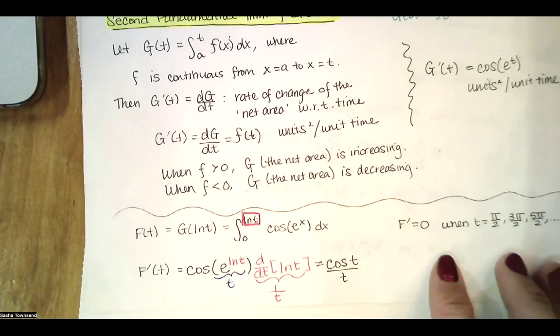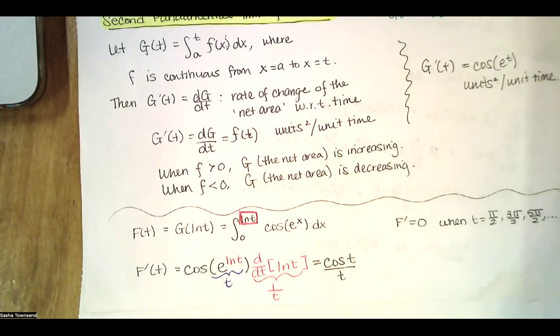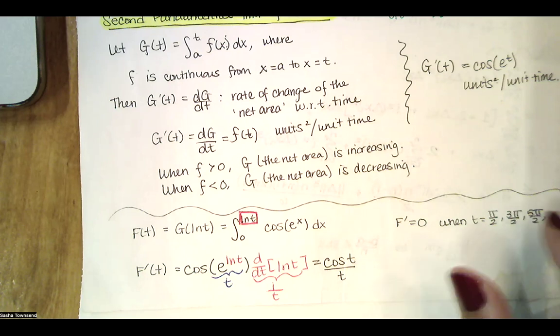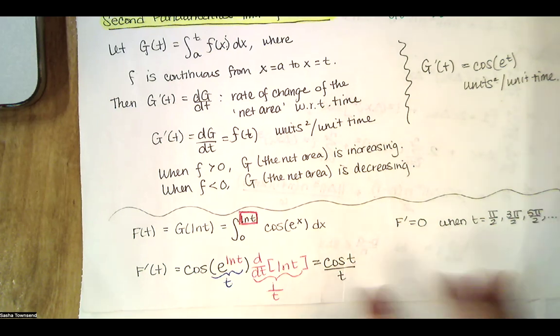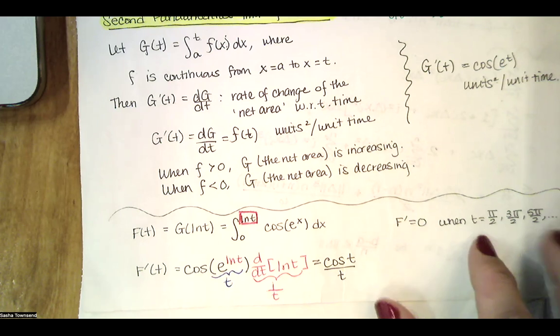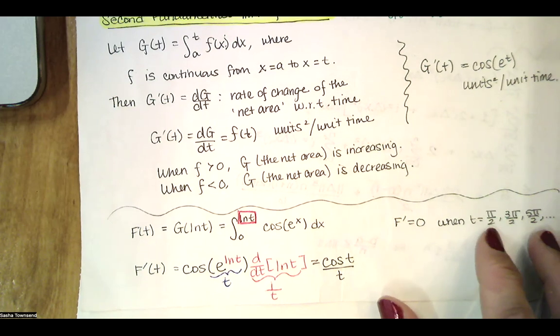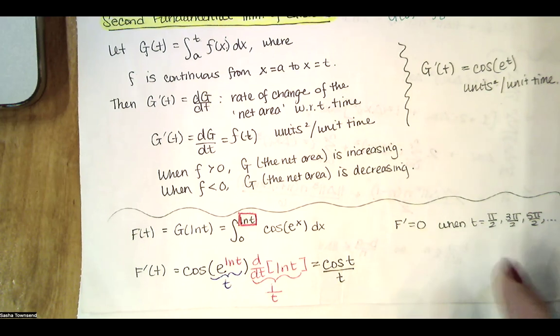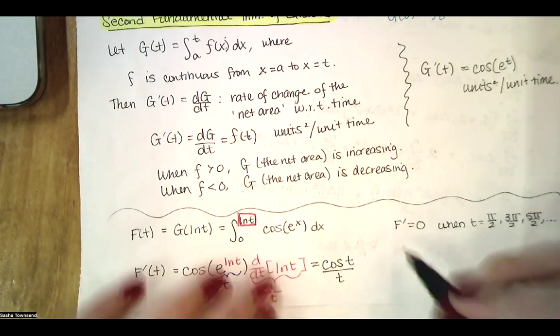So rather than equaling 0 at the values that are natural log of pi over 2, natural log of 3 pi over 2, natural log of 5 pi over 2, and so on, this rate of change is equal to 0 starting at pi over 2 and then every pi units thereafter. So that means our area function achieves relative minima and maxima.